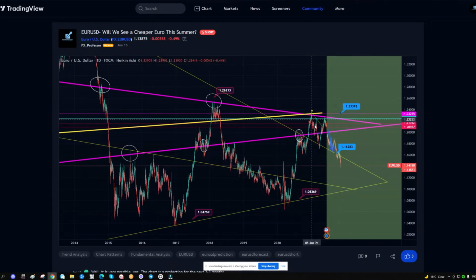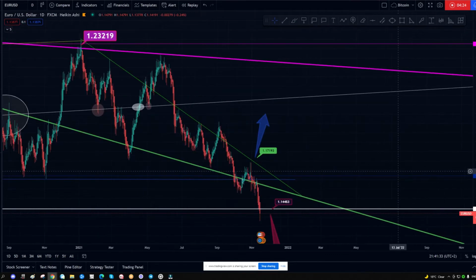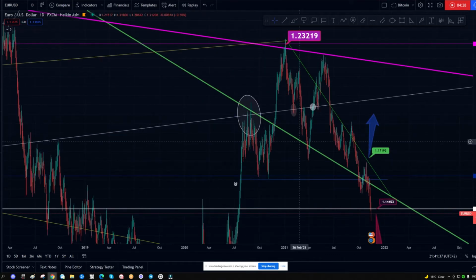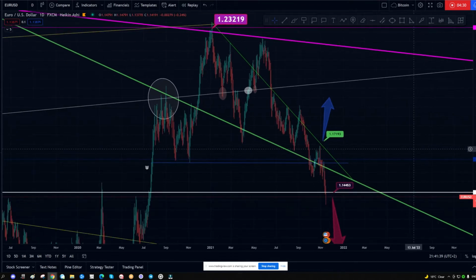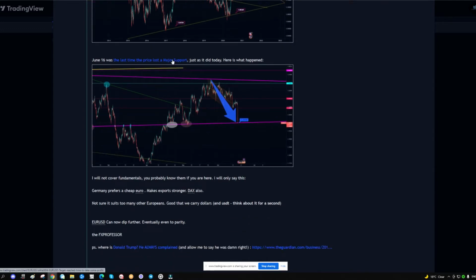Here you have another excellent entry point, and you see this yellow level here. Actually, let's look at it here. You will see that it very clearly finds support over here. Now it's green. Okay, I changed the color. That doesn't matter. But you are able to see chronologically how amazing the technical analysis is.